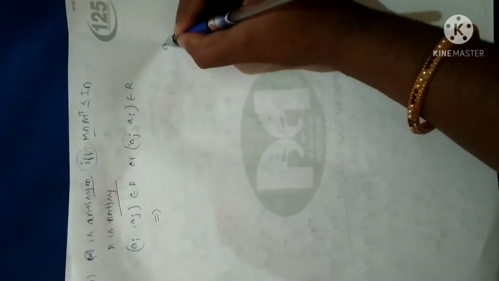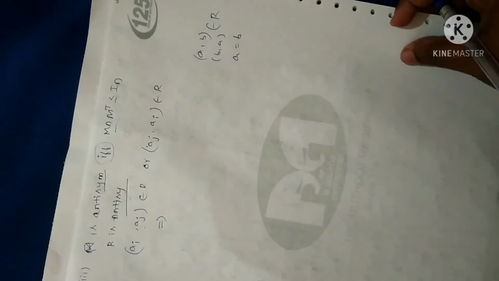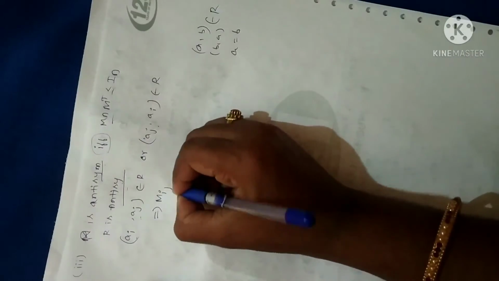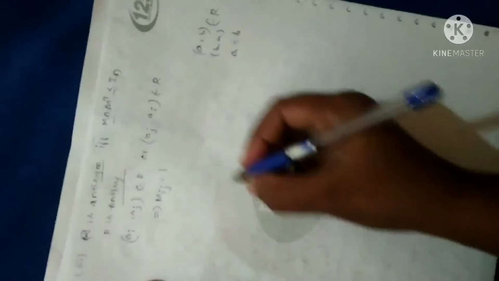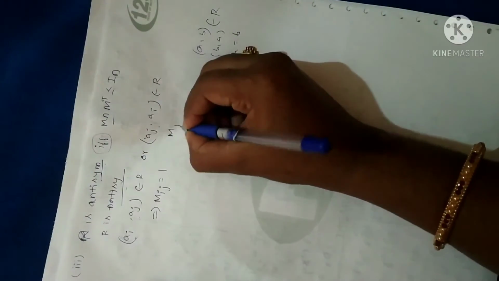As per the definition, if (a, b) and (b, a) belong to R, then a should be equal to b. Now I have chosen two ordered pairs in a relation. If (ai, aj) belongs to R, by the matrix definition Mij is equal to 1, and if it doesn't belong, I write it as 0. Again I can write Mji is equal to 1.